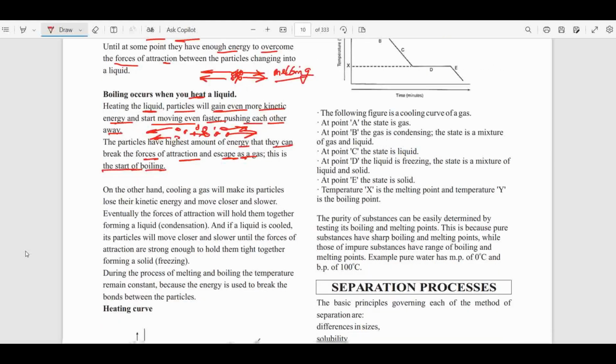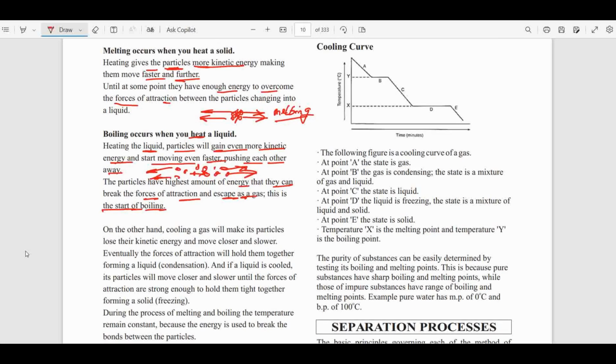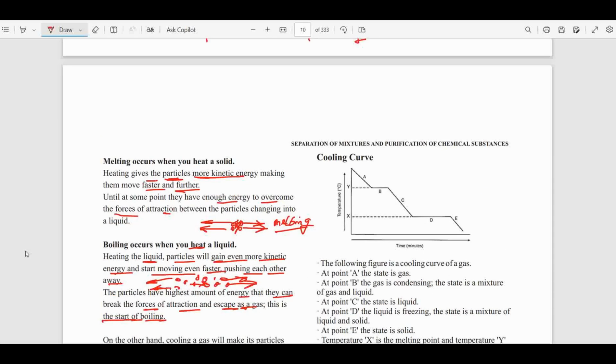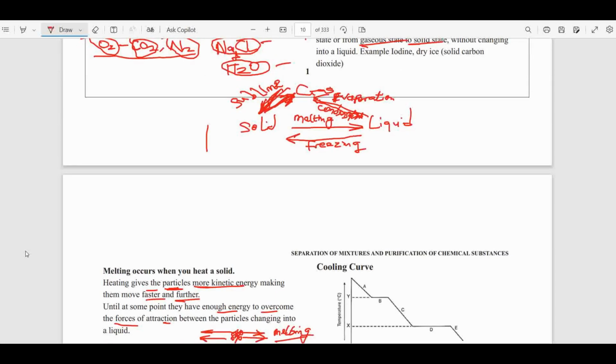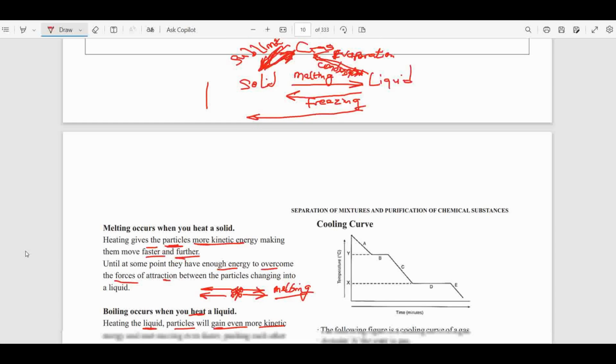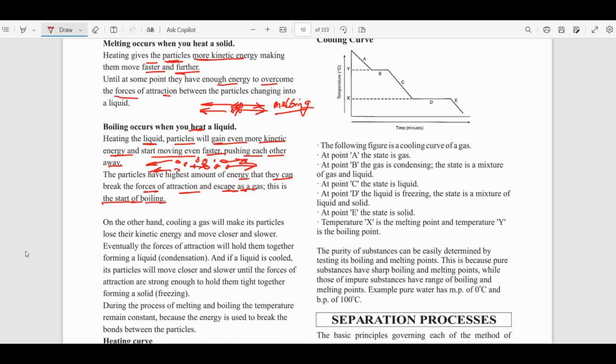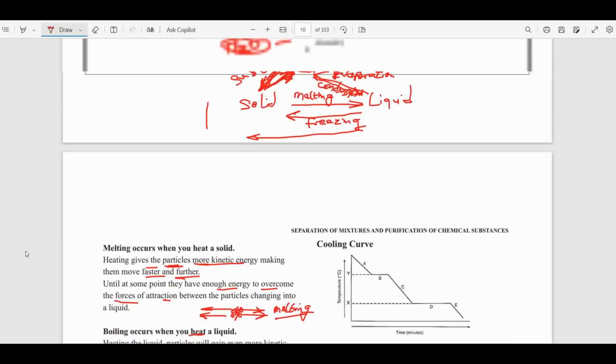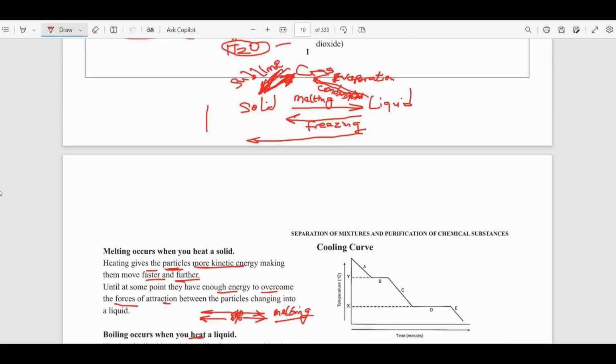And the opposite of what is going on here in melting, like I mentioned, is a reversible process. So when you melt a solid, you can further reverse the process, and that will be by the process of freezing. If you apply your knowledge of kinetic energy to freezing here, we said melting is as a result of an increase in kinetic energy.